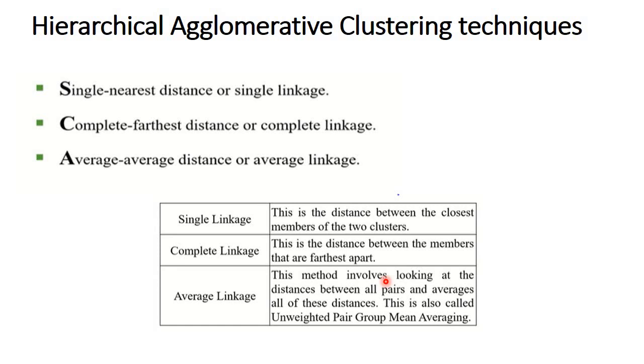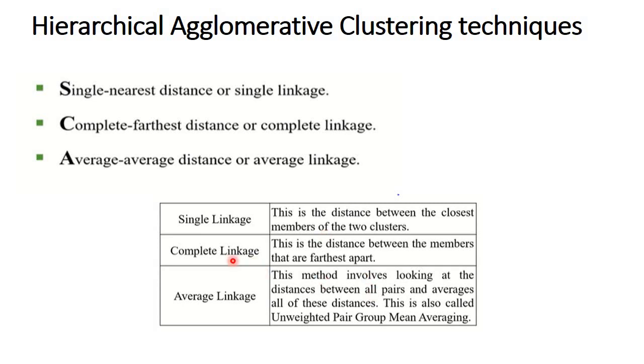In this technique, we find the distance between the closest members of the two clusters. The next technique is complete farthest distance or complete linkage, in which we find the distance between the members that are farthest apart. And the last one is the average distance or average linkage, in which we find the distance between all pairs and average all these distances.